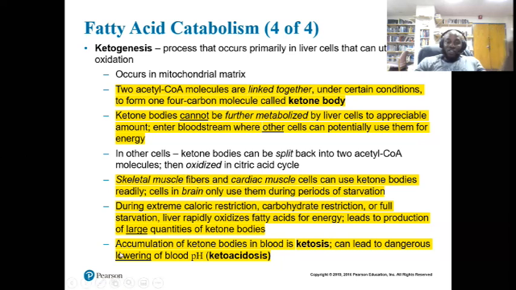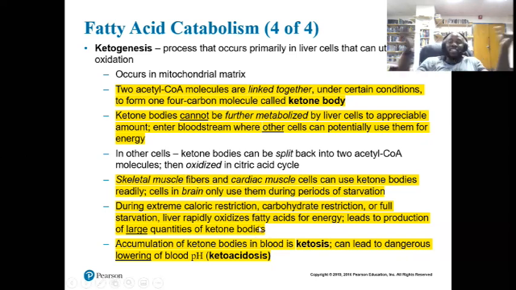This is why the keto diet works. If I reduce my carbohydrates, my body doesn't have enough carbs. What happens is your liver will oxidize fatty acids, basically burn fat, and produce large quantities of these ketone bodies.